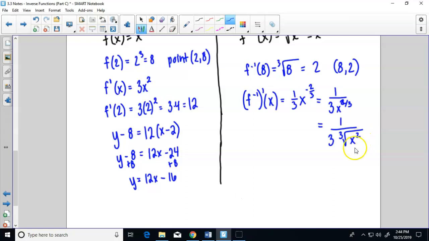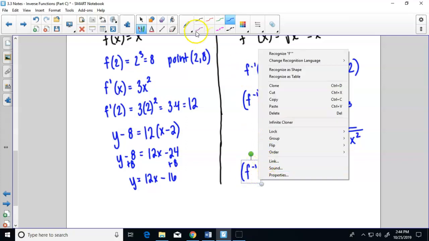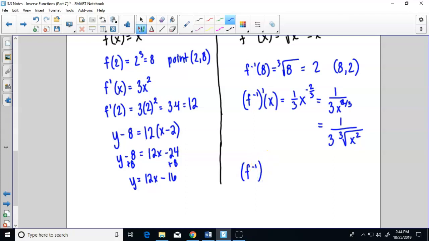And so, if we want to find f inverse prime of 8, we would have 1/3 times the cube root of 8 squared. You could say 8 squared is 64 and then find the cube root of that.